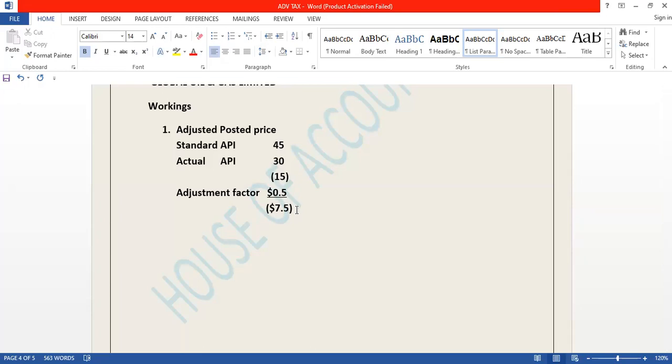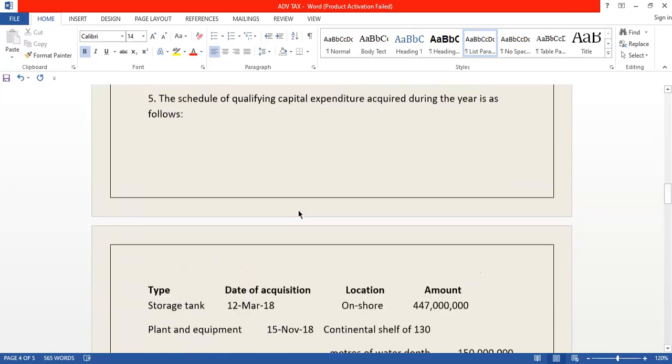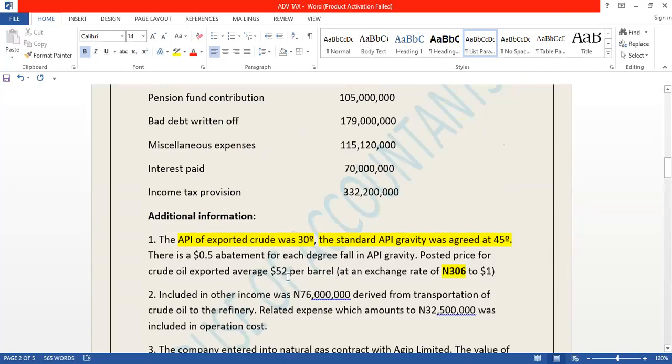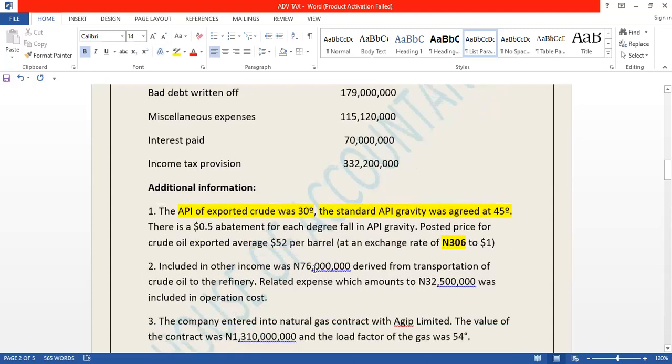What do we need to do now? We need to find the posted price given to us in the question. Let's go back there to see. The posted price was $52 per barrel. They said posted price for crude oil exported average $52 per barrel.